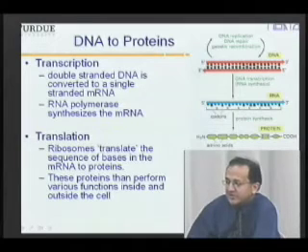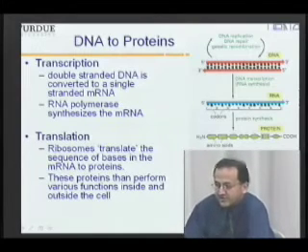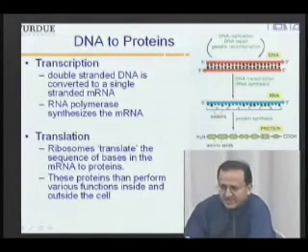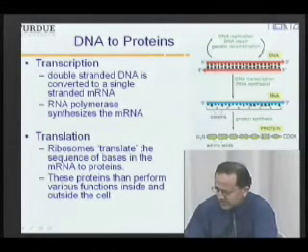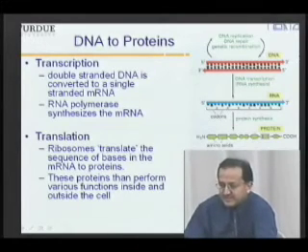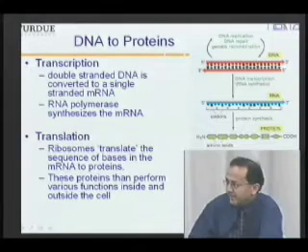You take a ladder and you twist it, and that's basically the structure of DNA. The two sides of the ladder are connected by base pairs, so you have base pairs that connect the two backbones of the DNA. There is a molecule called RNA polymerase, and this molecule synthesizes the messenger RNA.